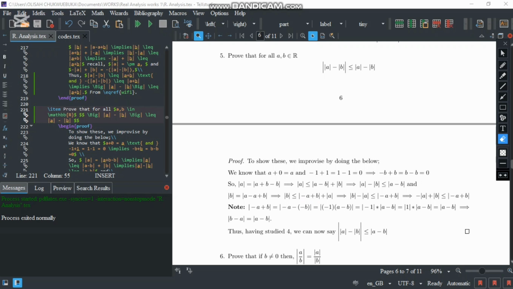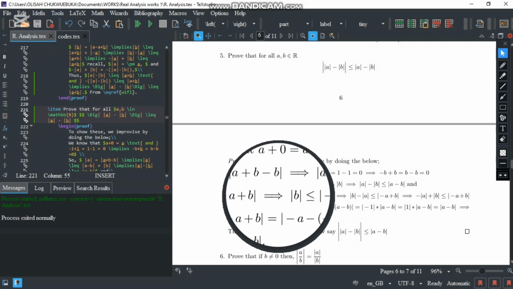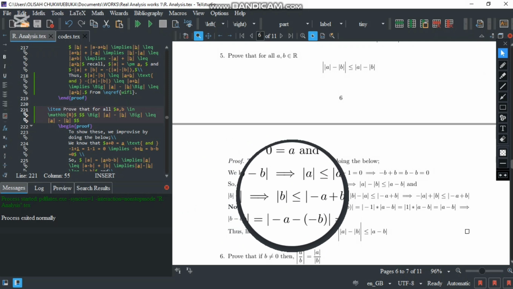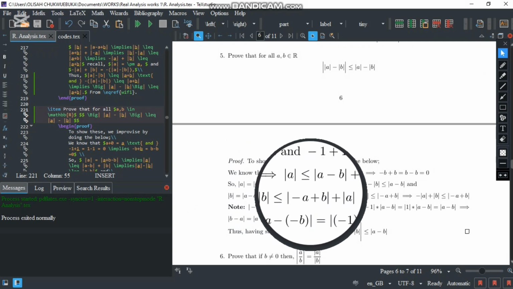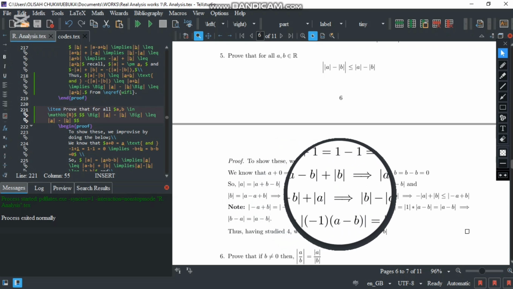So let's continue. My b is equal to a minus a plus b, which implies that the absolute value of b is less than or equal to the absolute value of negative a plus b plus the absolute value of a. Now we continue.